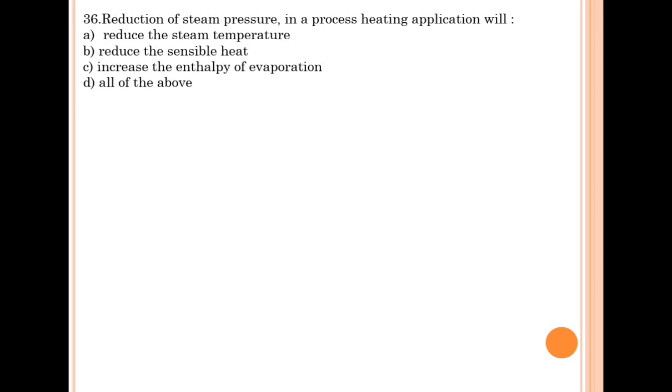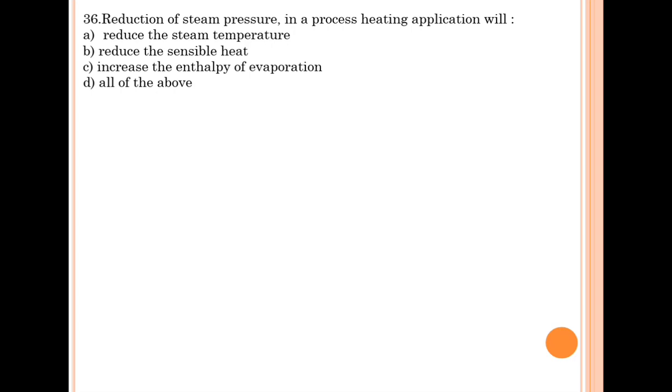36. Reduction of steam pressure in a process heating application will. The answer should be all of the above, because reduction of steam pressure in a process reduces the steam temperature. As we know, pressure is directly proportional to temperature, so reduction of steam pressure reduces the steam temperature.